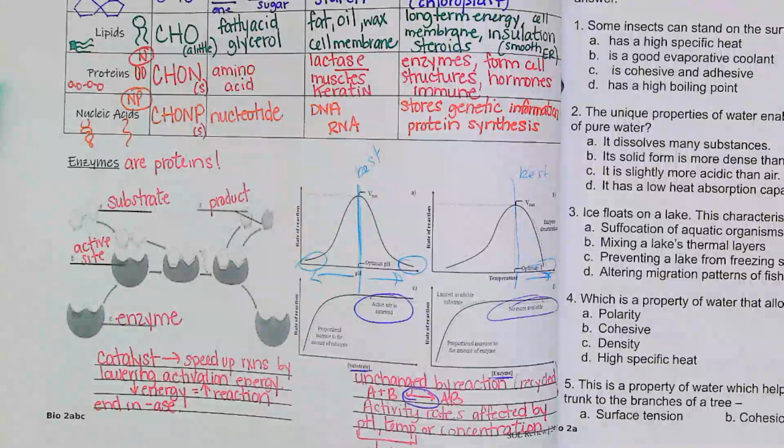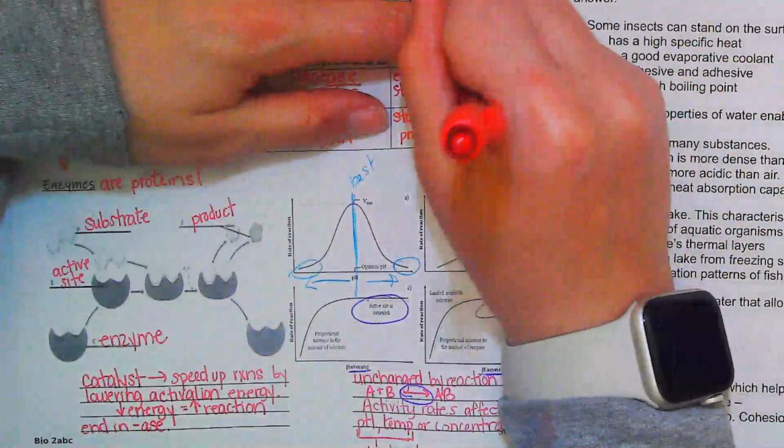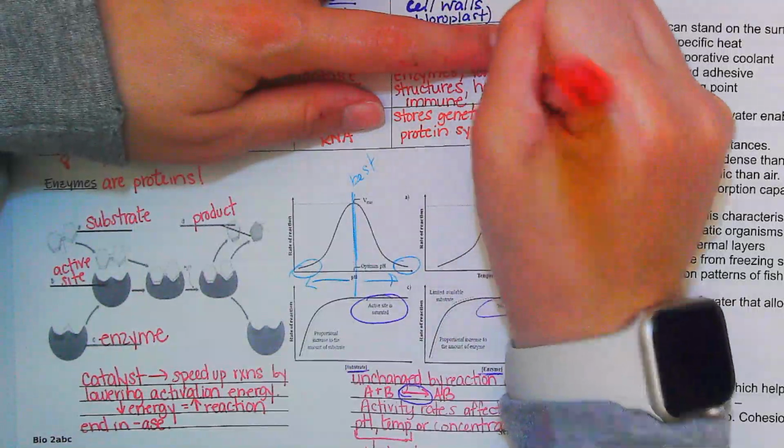I did miss something, so I'm going to go back real quick. For proteins, what organelle do I make them in? Not the ER. Close. Ribosome. I must have missed that part.